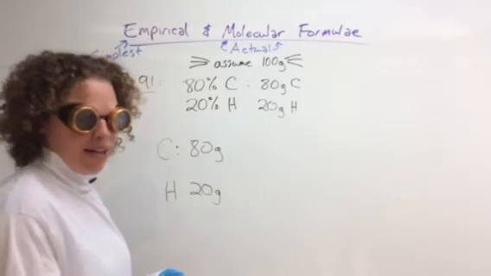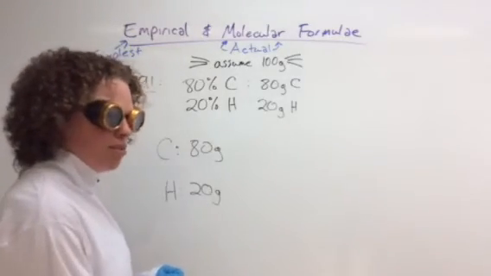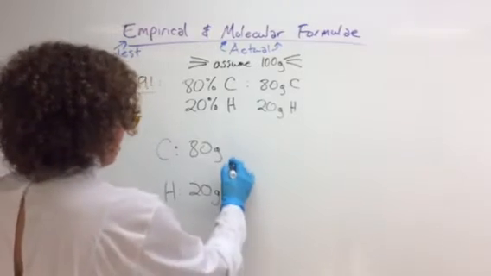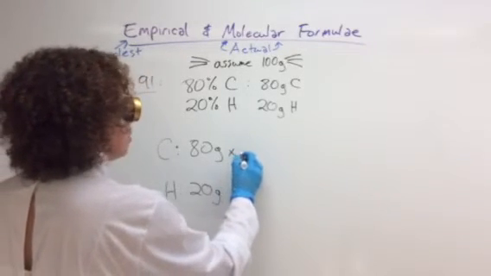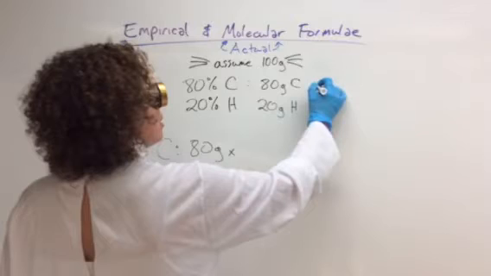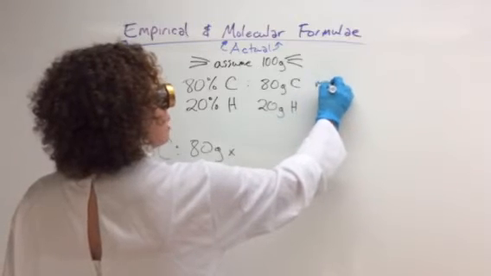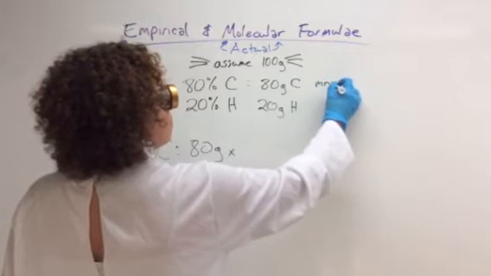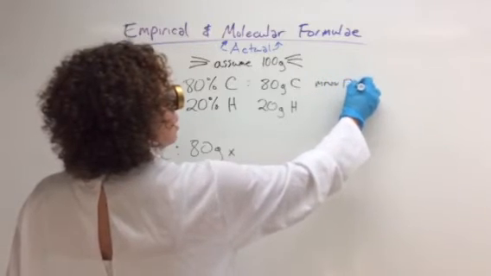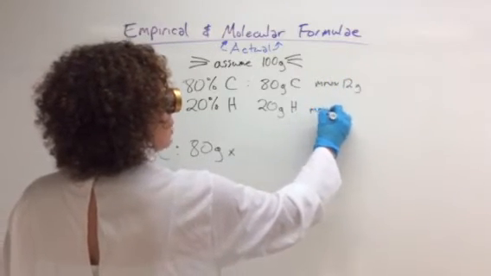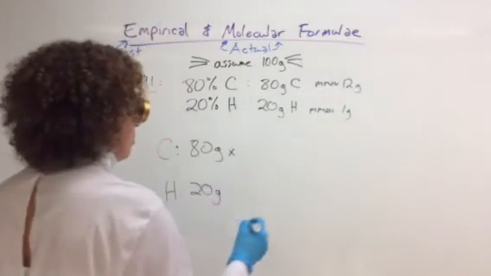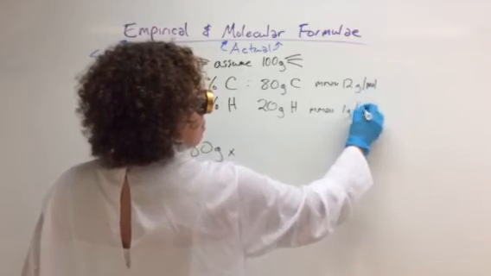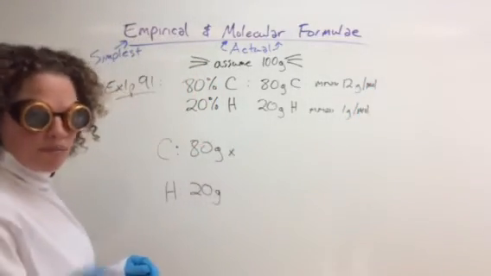Well, I have grams, I need moles. I'm going to use the molar mass to connect them. The molar mass of carbon is 12, and the molar mass of hydrogen is 1 gram per mole.